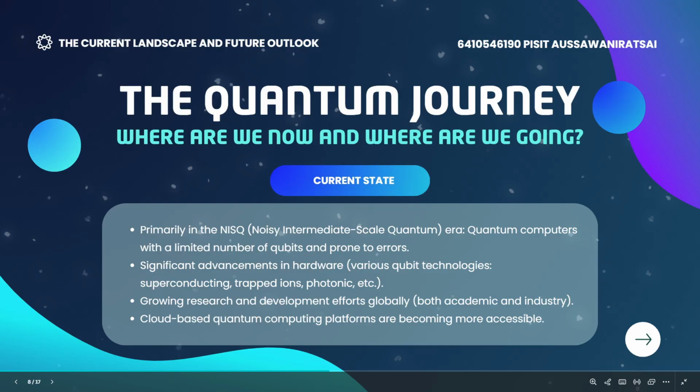Globally, there is a surge in research and development in both academic institutions and private companies. Importantly, cloud-based platforms are making quantum computing resources more accessible to researchers and developers.